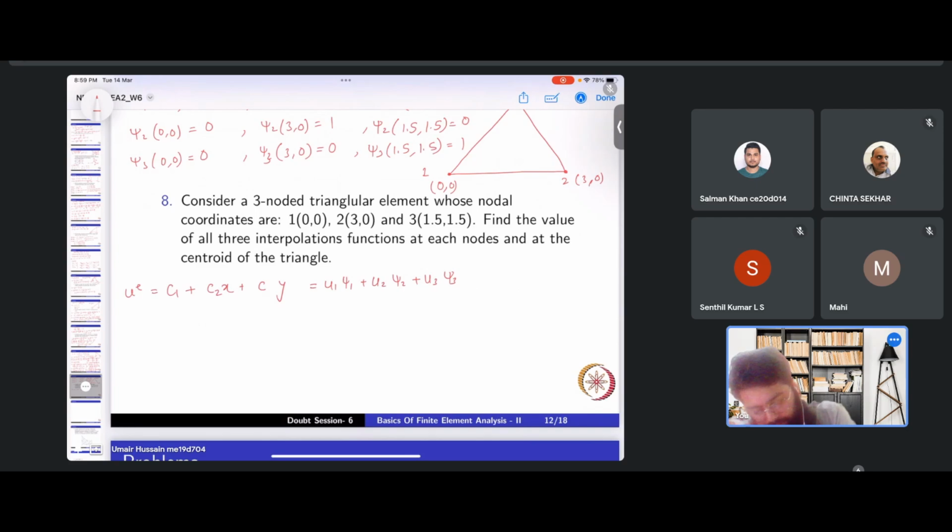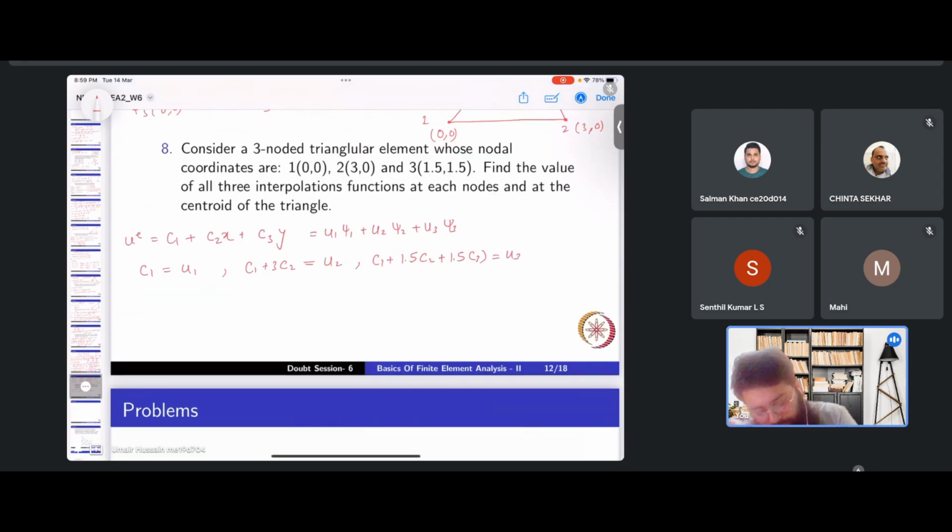C1 plus C2 plus C3. So we get C1 equals U1. We get C1 plus 3C2 equals U2. C1 plus 1.5 C2 plus 1.5 C3 equals U3. Now C1 equals U1, and from there we get C2.